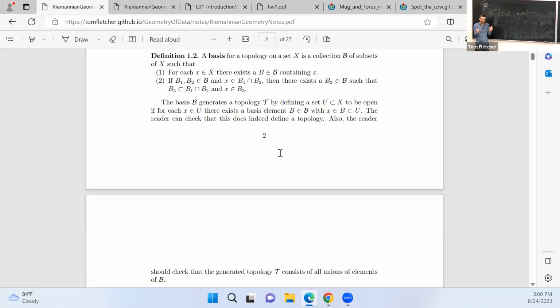Now, if I take two intervals that overlap and take their union, I get a bigger open interval, but I can also take two intervals that don't overlap and get collections of little open interval segments. There could be an infinite number of those, and that would still be an open set.